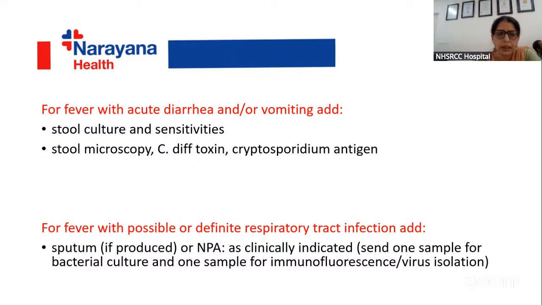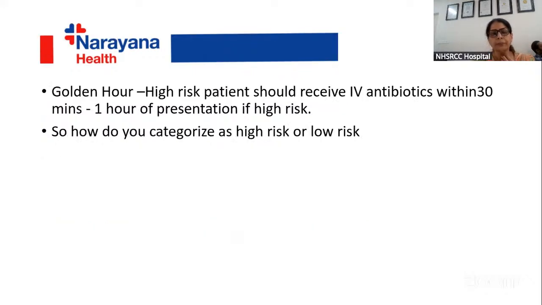If there are respiratory tract infections, if the child can produce sputum, send the sputum or send a nasopharyngeal aspirate for bacterial and viral cultures. These children follow the golden hour. That means the child has to receive IV antibiotics within 30 minutes to 1 hour of presentation if the child is high risk.